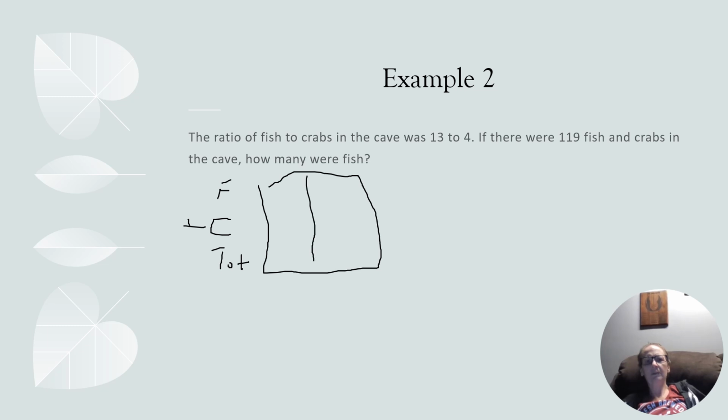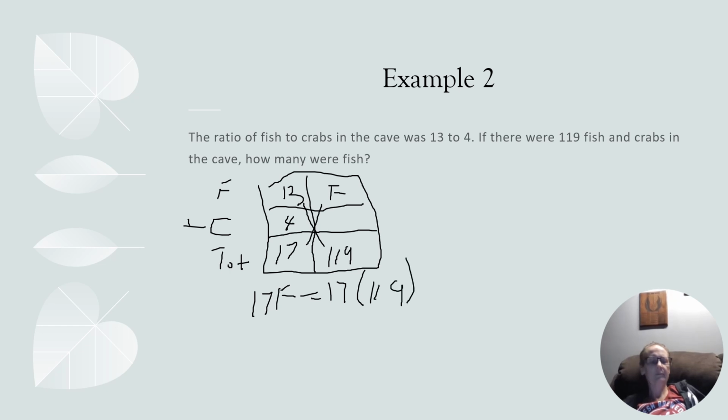And now we're going to fill in our box with the information from the problem. It says ratio of fish to crabs was 13 to 4. So I'm going to put 13 and 4. So for the total, I would add those up. So 4 plus 13 is 17. And then it says if there were 119 total, how many were fish? So we're looking for fish. So we're not going to use that middle box. We're just going to cross multiply here. So we have 17F equals 17 times 119.